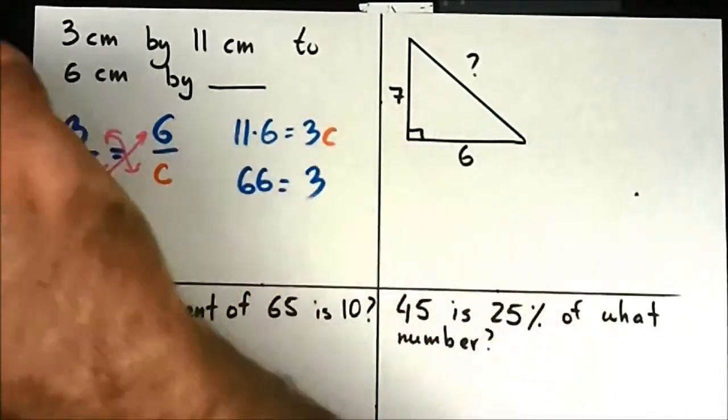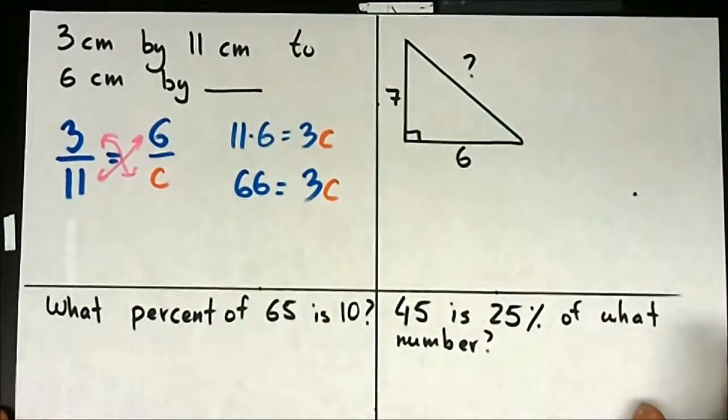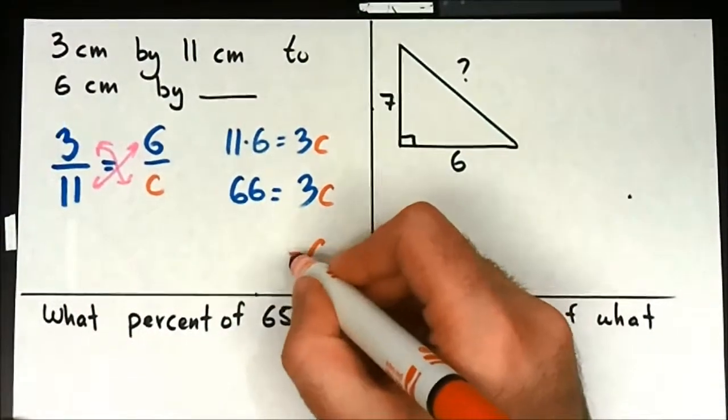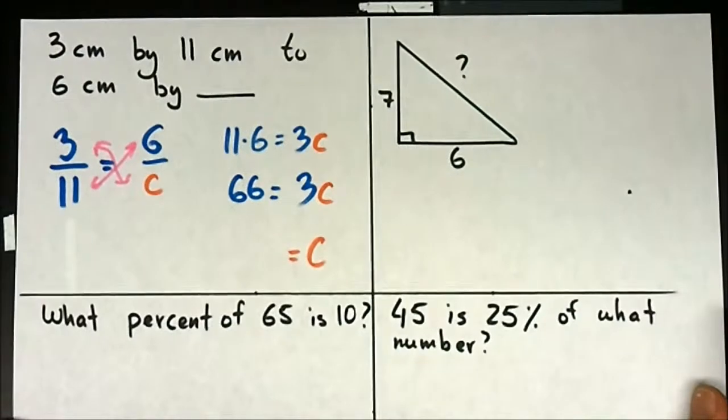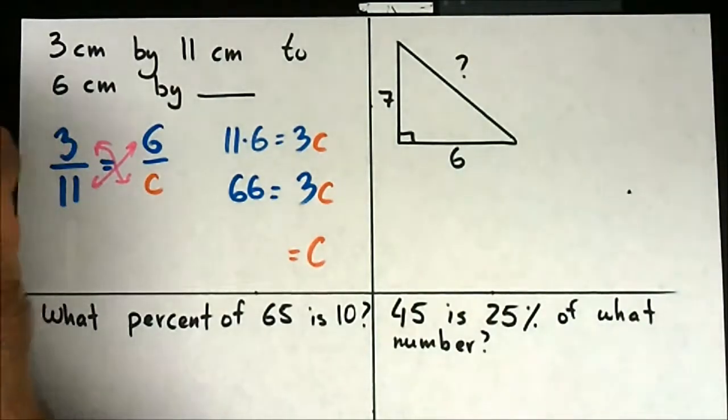Equals 3C. And does anyone know how many times 3 goes into 66? Well, this one comes out nice and even, and it happens to be, let me make sure I'm not wrong, 22. Yeah, that sounds about right, 22.